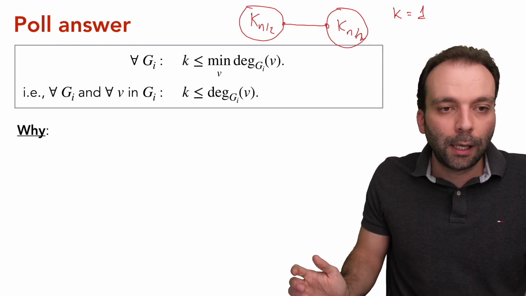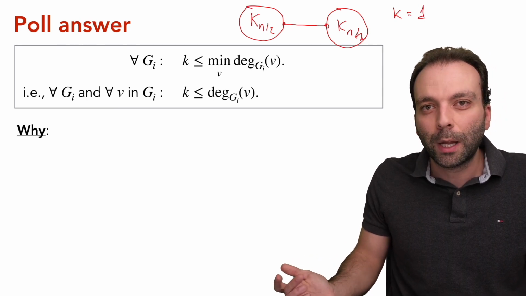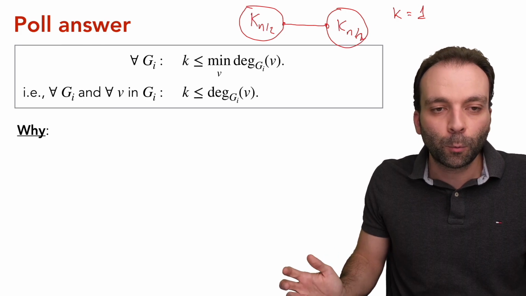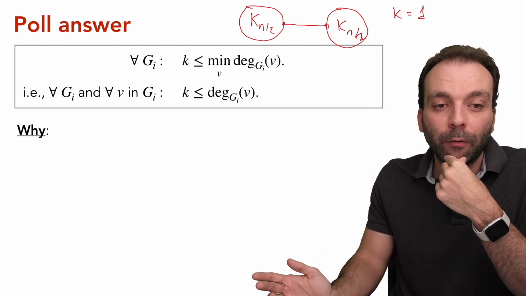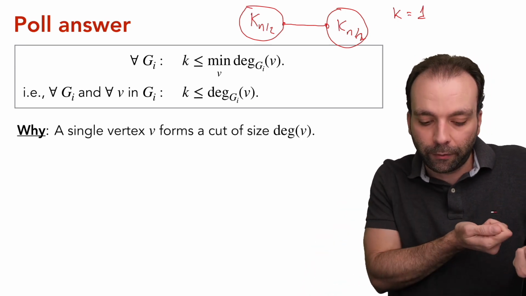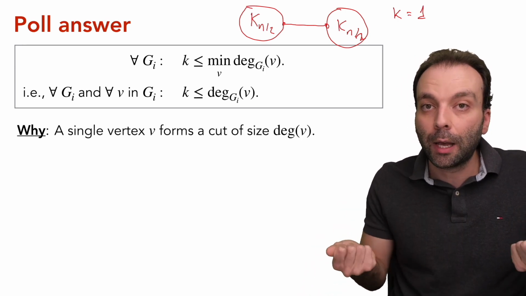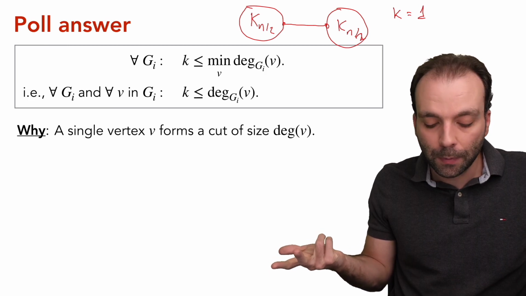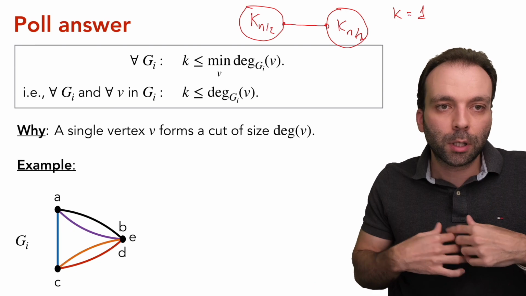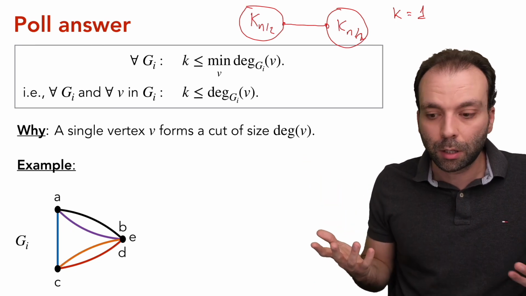And what is the simple, one-sentence justification for this? What would you say? We can always just pick the vertex with lowest degree. Yeah, exactly. A single vertex v forms a cut of size degree of v. That's really the crux of the argument. So for example, let's say you're in some G sub i, it doesn't matter which one.